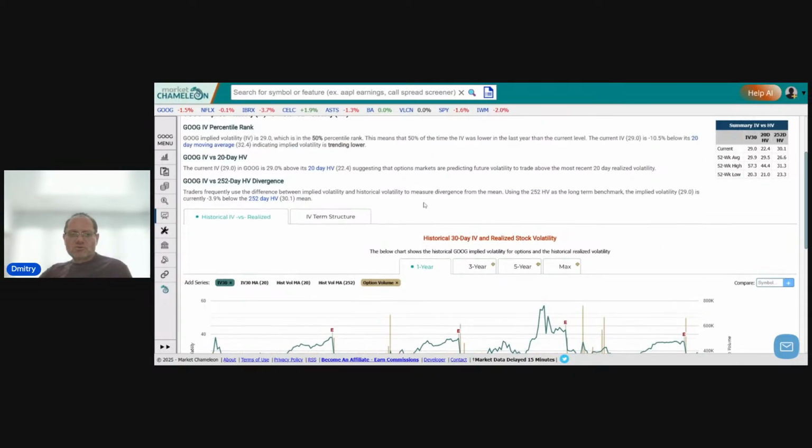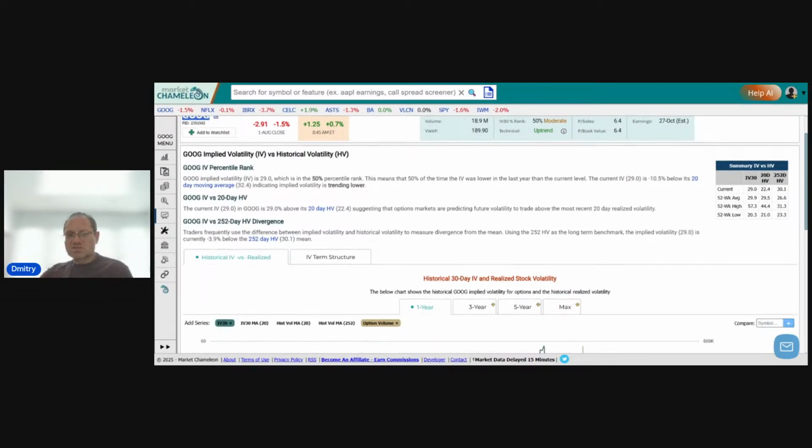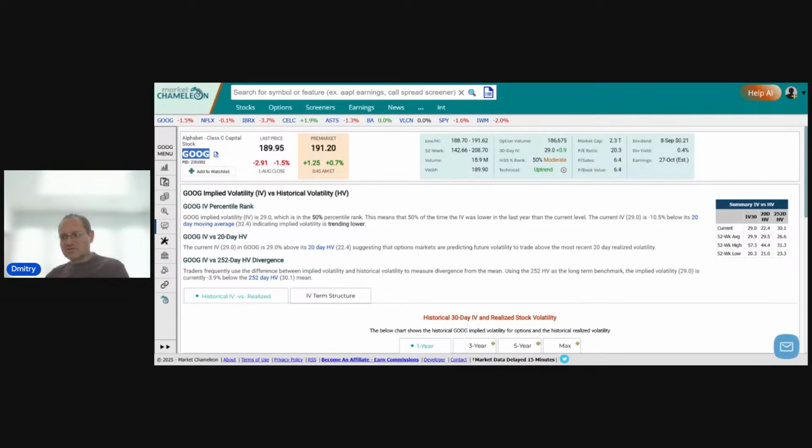But for a stock, like Google, it has many different options available to trade. We have different expirations, we have different strikes. Some strikes are far away, like tails, strikes that could be 10%, 20%, 30% away, and that option could produce a different implied volatility.